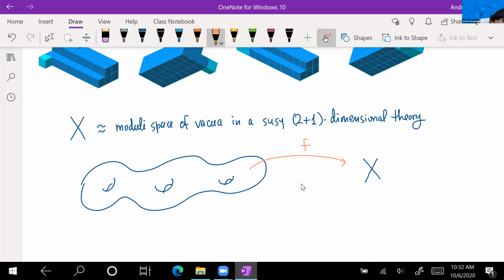So we can arrange the supersymmetry so that this is holomorphic for a certain choice of complex structure in the domain, and we have it in the target. In fact, we have almost like a hyperkähler structure in the domain and in the target.